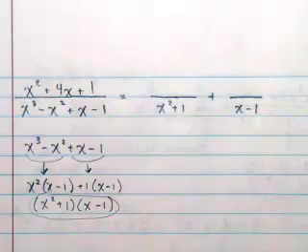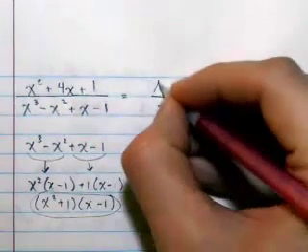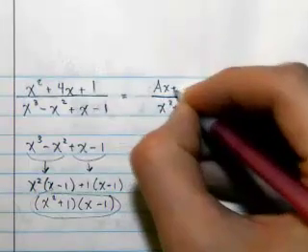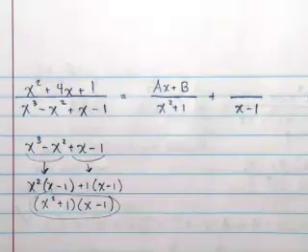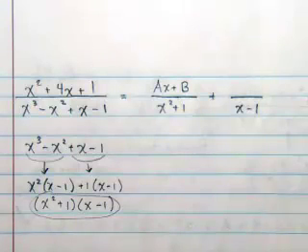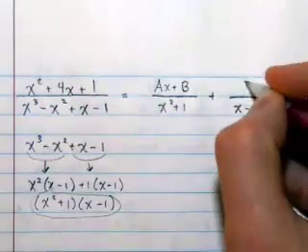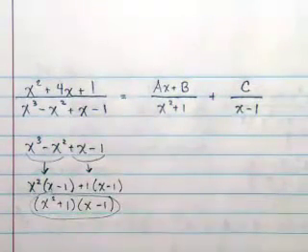So it could be just a constant on top of this thing, but it could be something linear, something times x plus something. So to make sure that we cover our bases, we got to make this ax plus b. Okay, could be linear. So ax plus b we need to put there. And then the other one, x minus 1, that's linear, so it's okay just to put a constant on top of that one. So just a c on that one then.